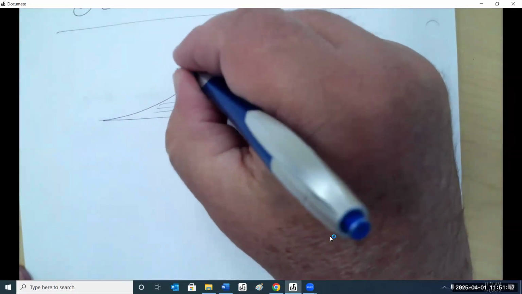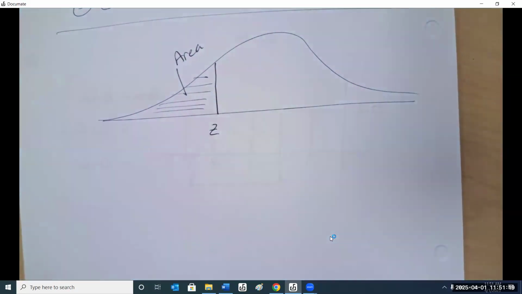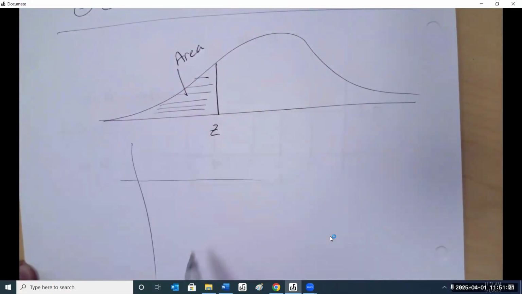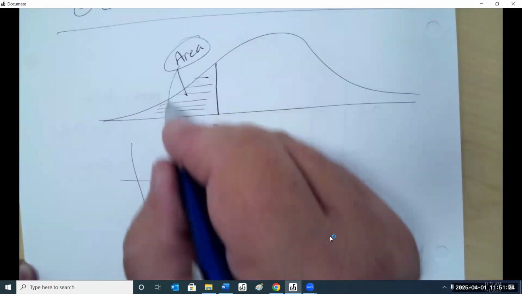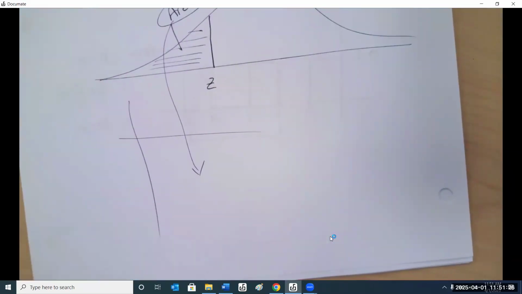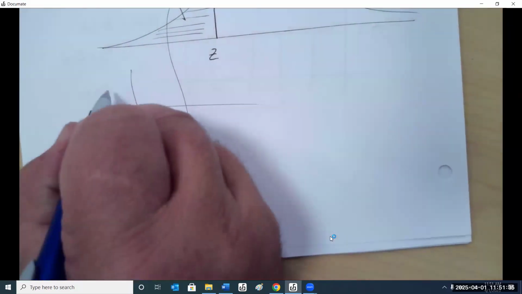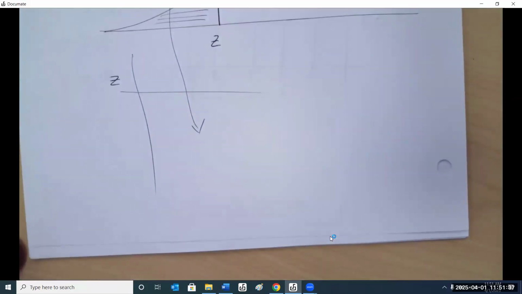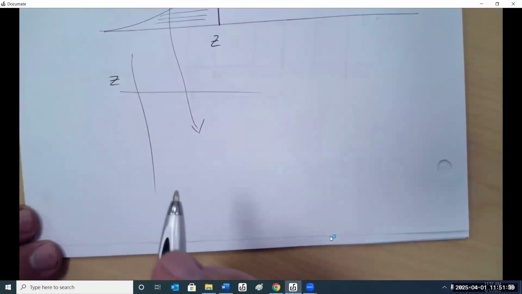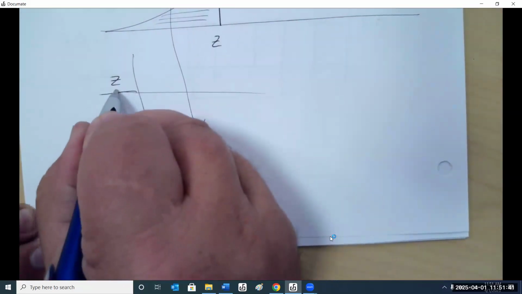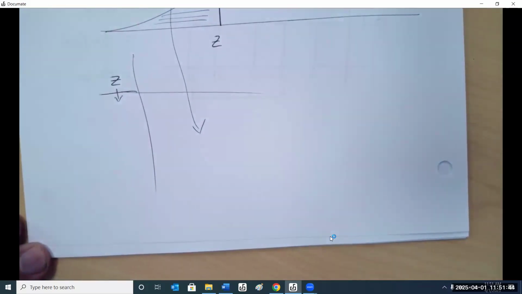This area is what is inside this curve, this chart. All right, now if you notice, this is the z-score. It has a z on the top of the corner. On the vertical column, you have the first number on both sides of the decimal.